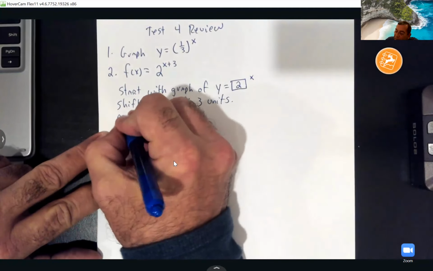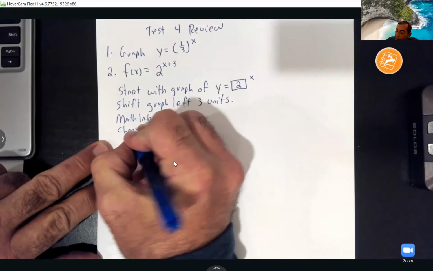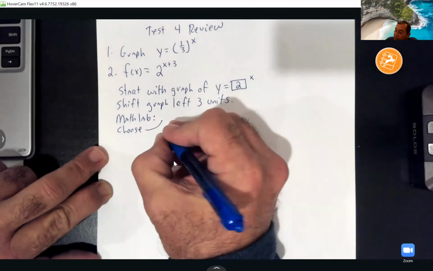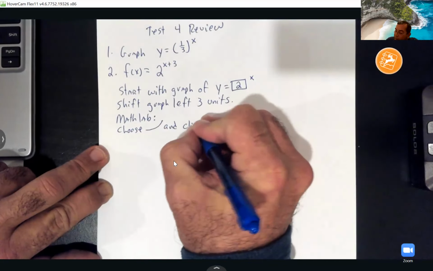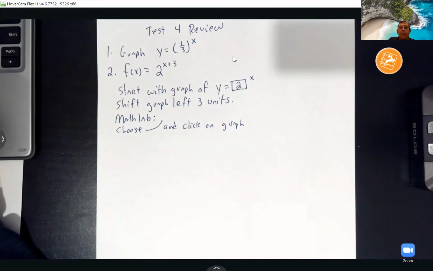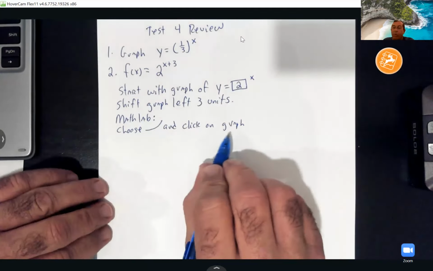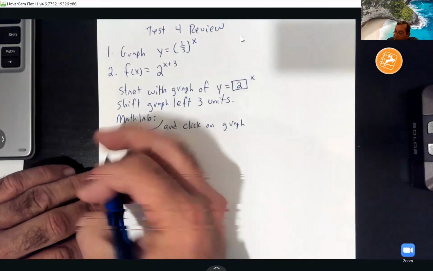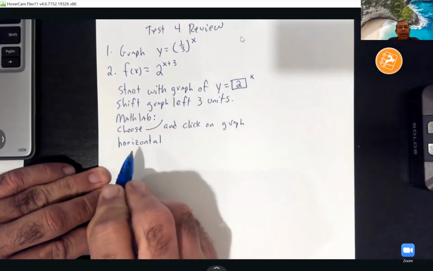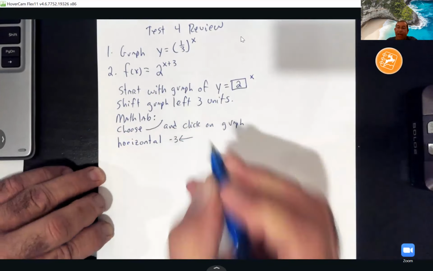Now, on MathLab, to graph it, you have to choose the exponential tool and click on the graph. Once I click on the graph, it's going to open up the box. So since we're moving left, we got to take the horizontal control and move that left to -3.